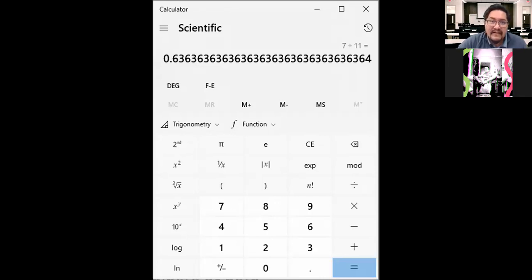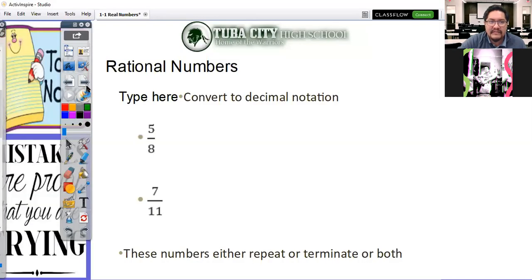But it does not terminate. In fact, this keeps going on and on forever. Now this calculator can only show so many numbers, so it rounded off this last number. But those are the 2 things that rational numbers can do. They either repeat or terminate. Sometimes they even do both.